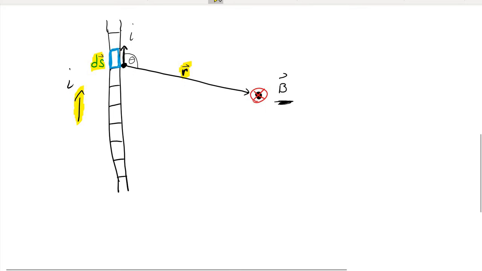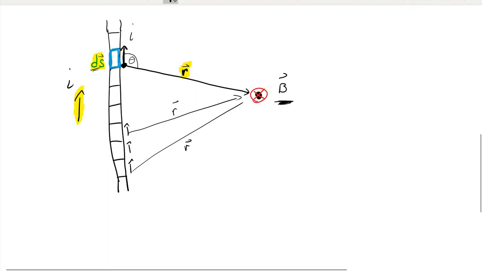Now, why is that important? Well, as we move along the length of the wire, the angle relationship between those infinitesimal displacement vectors and our r vectors change.